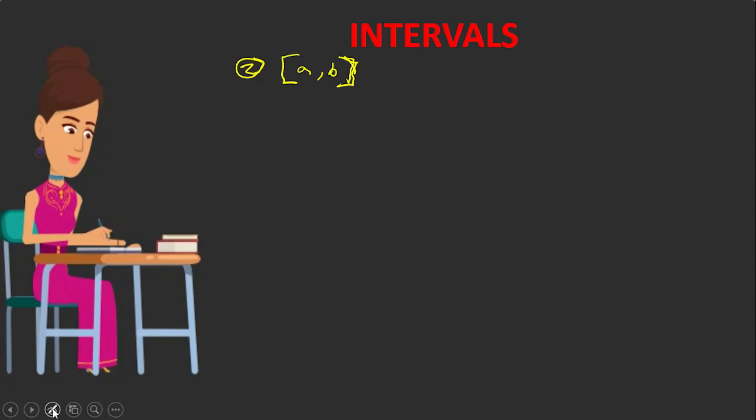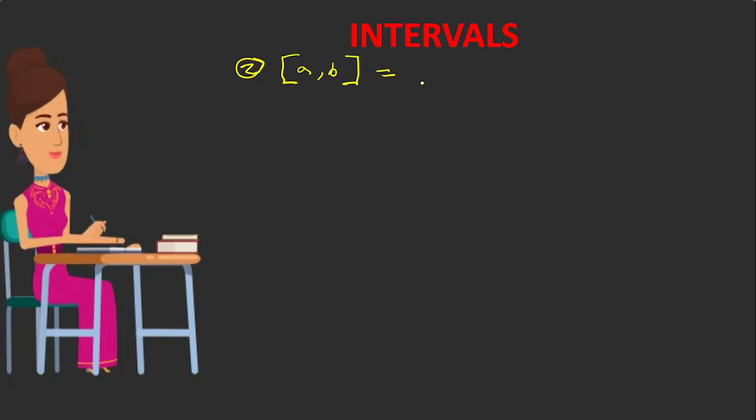This interval simply means you write an open bracket, x such that x is a member of the real numbers, and then you say such that x is between A and B. But in this case, since these square brackets have been used, it will be less than or equal to, and then less than or equal to.